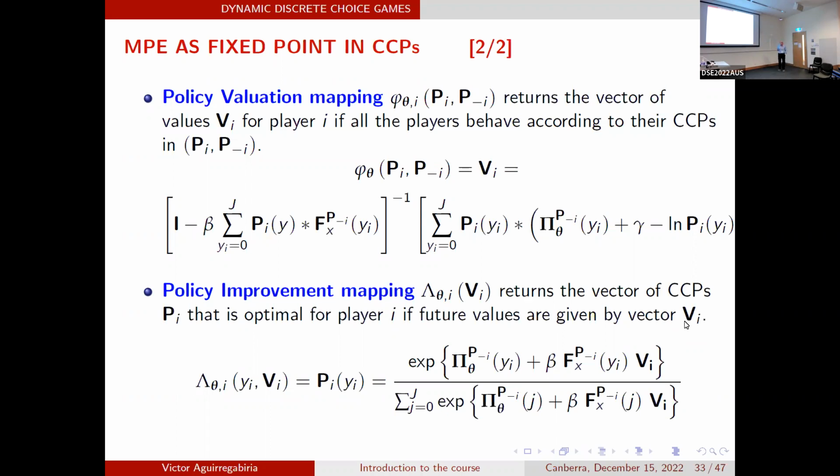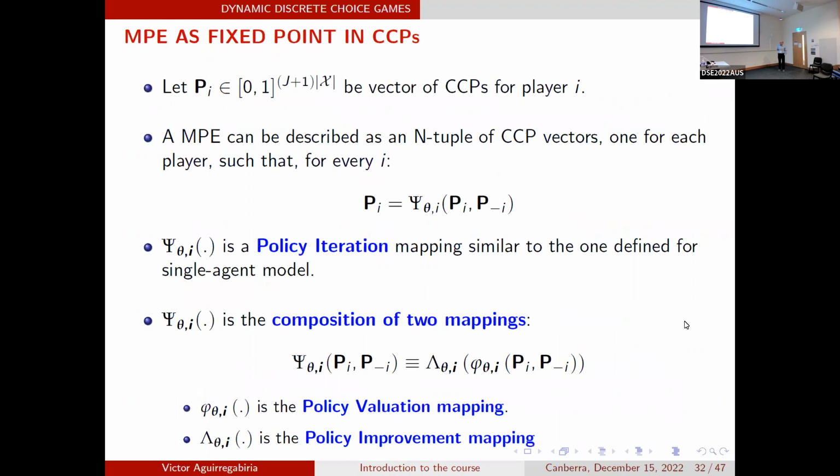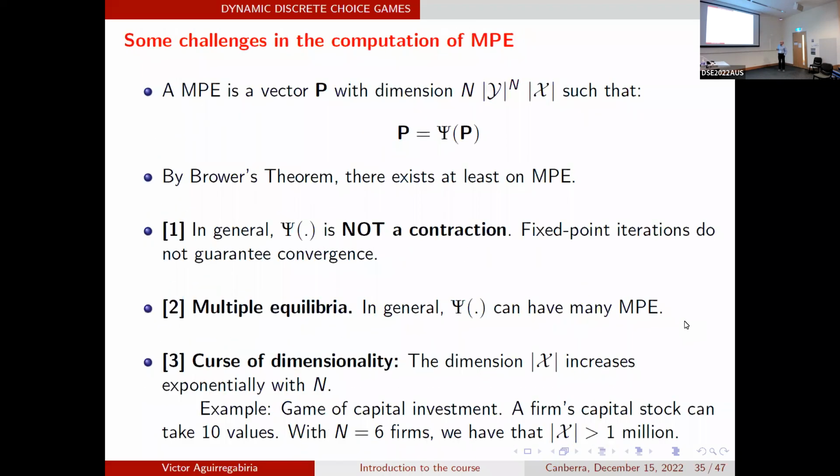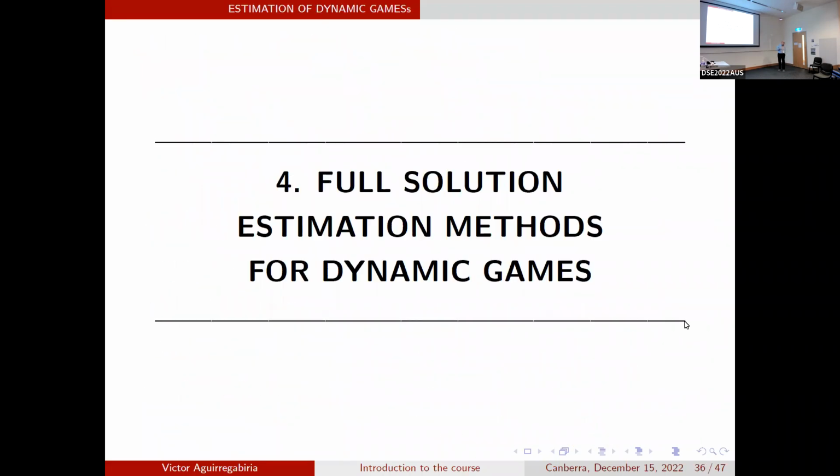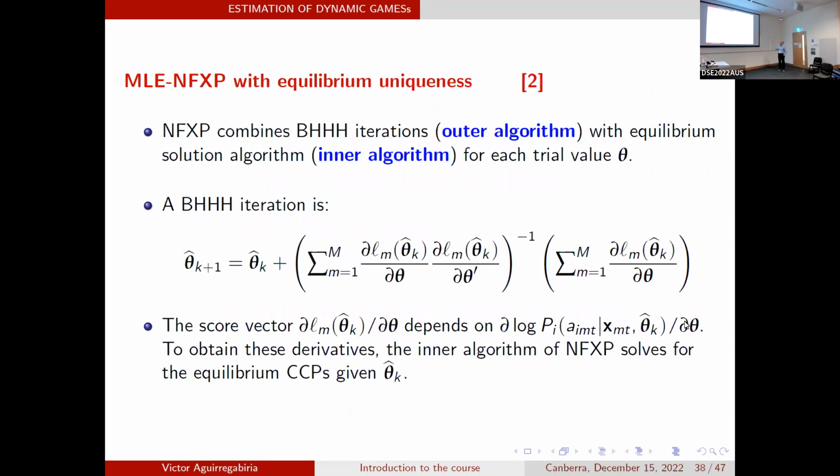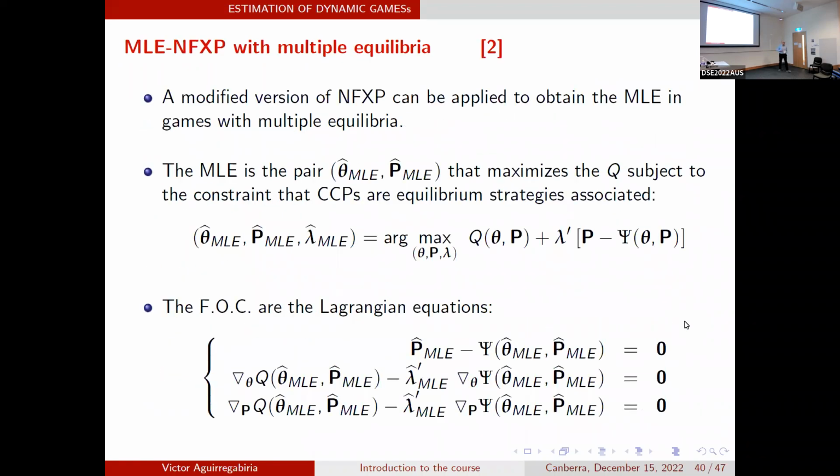Good question. Yes, that's true. Let me put it another way. Multiplicity of equilibria may or may not make more likely the possibility that we can have local maxima of our criterion function. But this is not a specific concern of nested pseudo likelihood; that might happen perfectly also with maximum likelihood estimation.